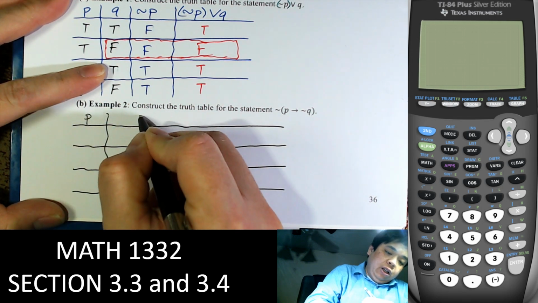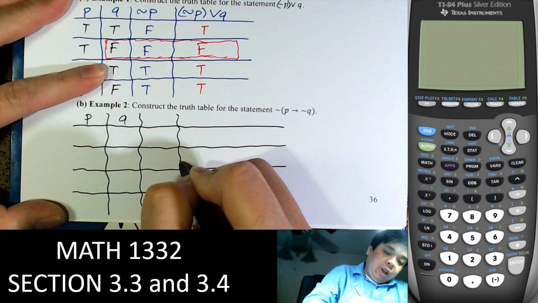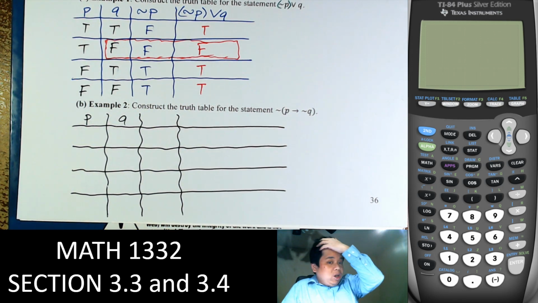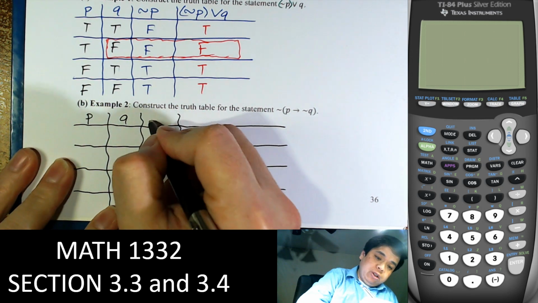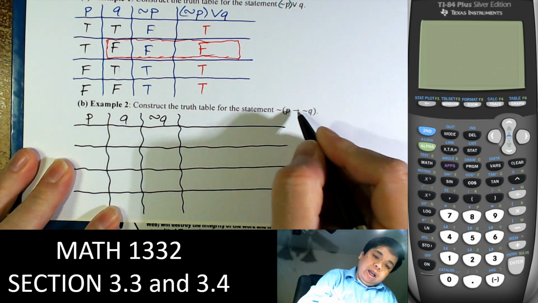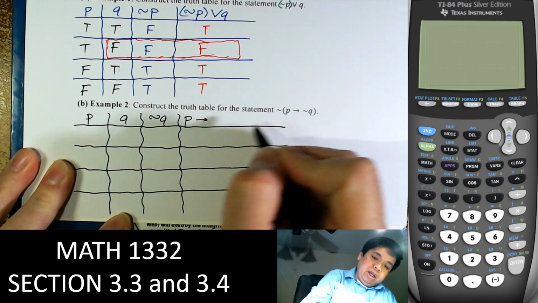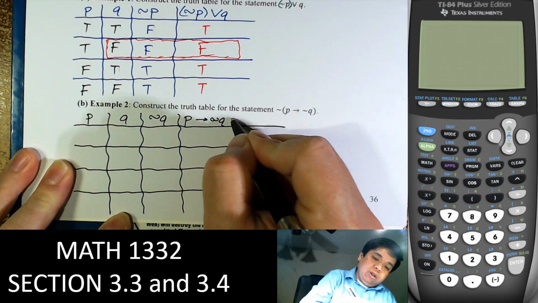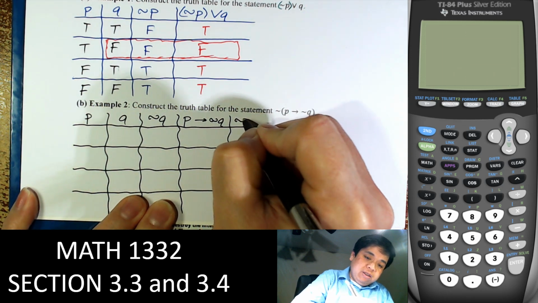So P, Q. As far as operations go, it's always a negation first and then everything else. So in this case, we have the negation of Q, and then the implication of P implies not Q, and finally, we have the negation of what we just have.